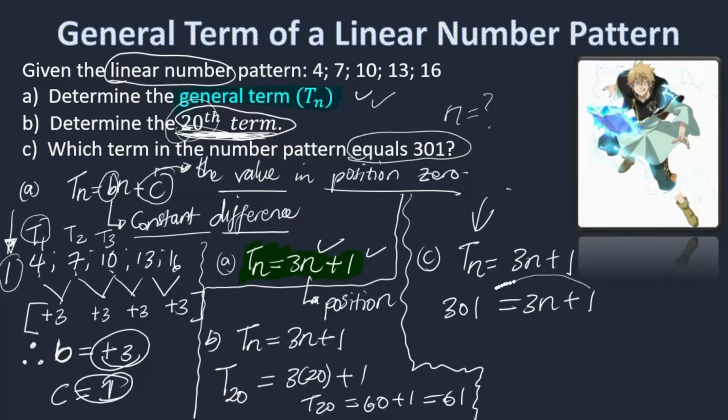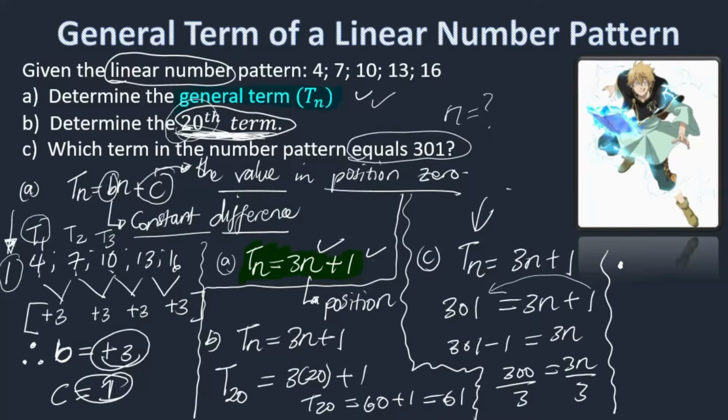Transpose 1 to the other side, right? So it's 301 minus 1 is equal to 3n. That is 300 is equal to 3n. Divide this by 3, divide this by 3. Then 100 is equal to n. There we go. See how doable that is? That is not too bad, guys.